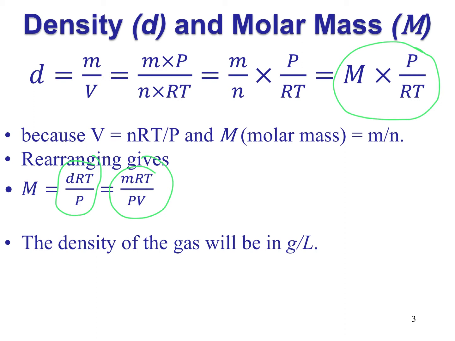To remind you, pressure must be in atmospheres, temperature must be in Kelvin, volume must be in liters when using R equals 0.08205 liter atmospheres per mole Kelvin.